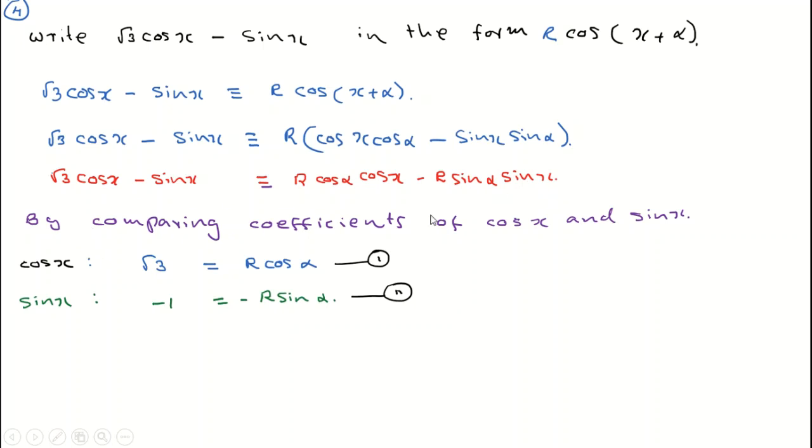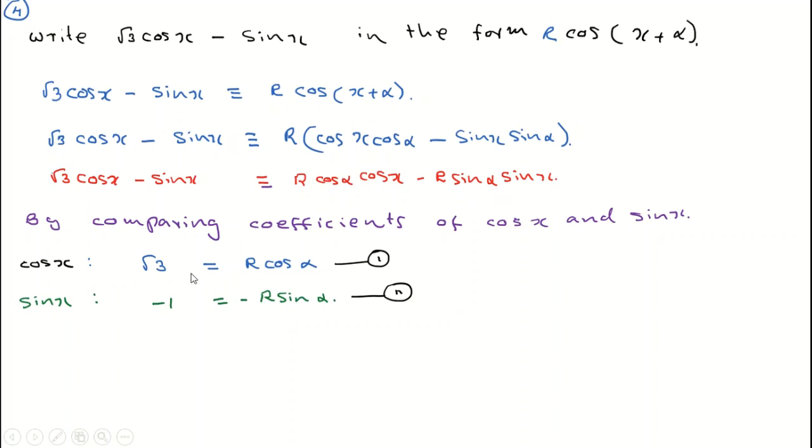By comparing the coefficients of cos x and sin x in this case also, on the left hand side the coefficient of cos x is root 3, on the right hand side it is r cos alpha. On the left hand side the coefficient of sin x is minus 1, on the right hand side it is r sin alpha.